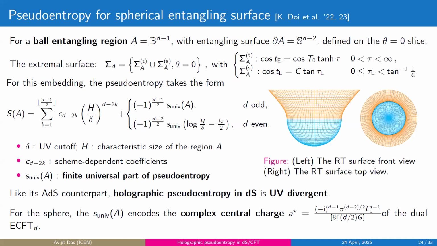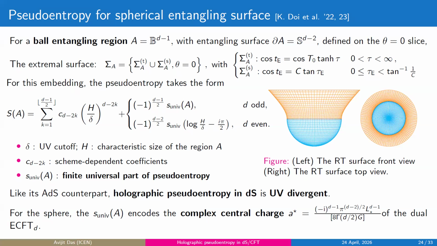And you can see that this holographic pseudoentropy is UV divergent because as you go to the conformal boundary, time goes to infinity, so you have an infinite volume of this space. One more important thing is that this universal part, which is cutoff independent, carries some information about the conformal field theory living on the boundary.